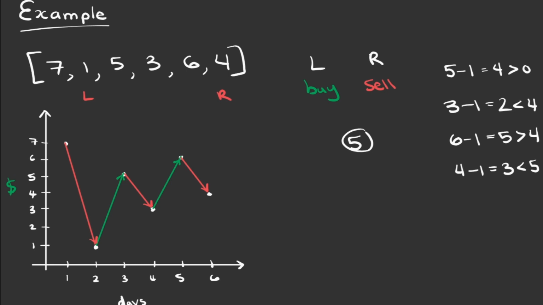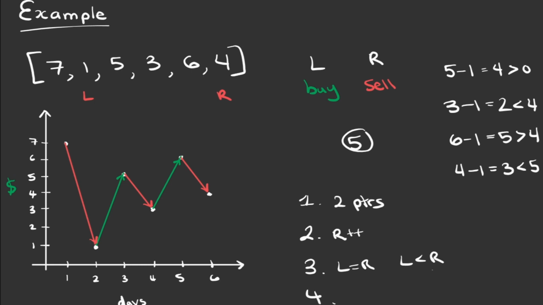So let's recap on the techniques that we use to solve this problem and develop the algorithm. First, we want to have 2 pointers. Then we want to increment the right pointer until the end of the list. We want to update the left pointer to be the right pointer if the right pointer is less than the left pointer.